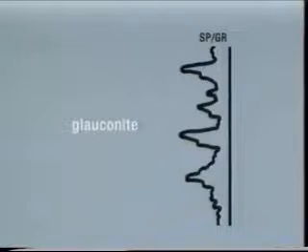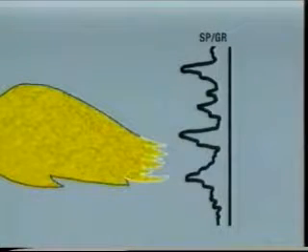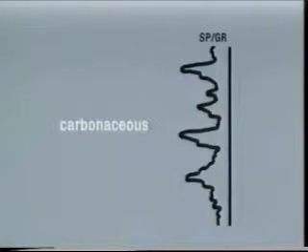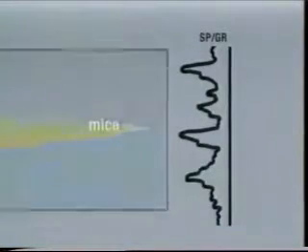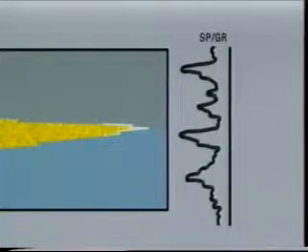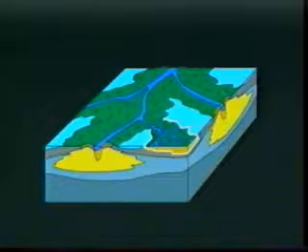If the interval contained only glauconite and or shell debris, it would indicate winnowing, and the profile might represent the flank of a barrier island or marine bar. Or if it contained only carbonaceous matter and or mica, it would suggest a non-marine origin, as a distal distributary mouth bar, or crevasse subdelta.